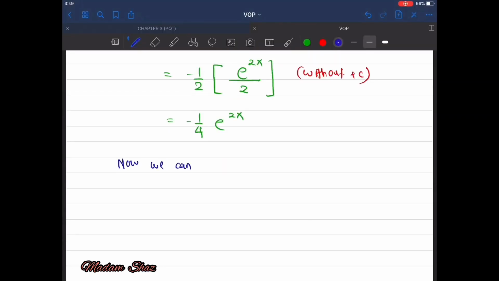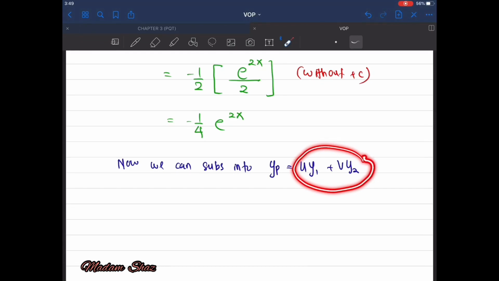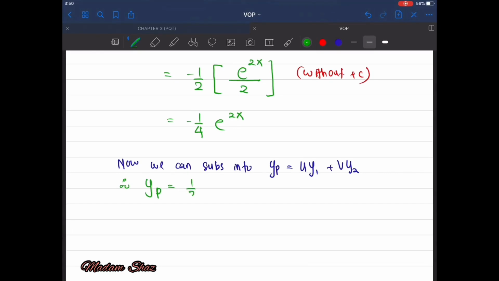Now we can substitute into yp equal to u y1 plus v y2. You have to refer back to what your u, y1, v and y2 are. So yp is equal to u, which is 1 over 2 x, multiplied with y1.